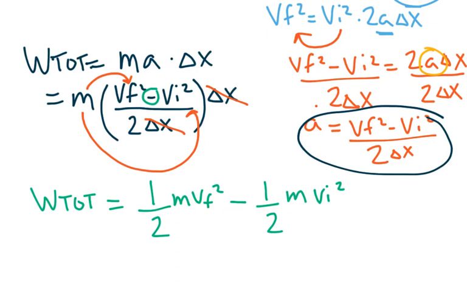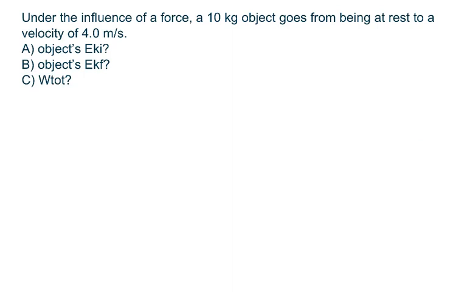So we're going to do a couple of examples. The first example we're going to look at is just a simple figure out the kinetic energies. If we work through this, we can find the initial kinetic energy using the EKI formula. We can then find the final kinetic energy using the EKF formula, and then we can just subtract them to get our work total.